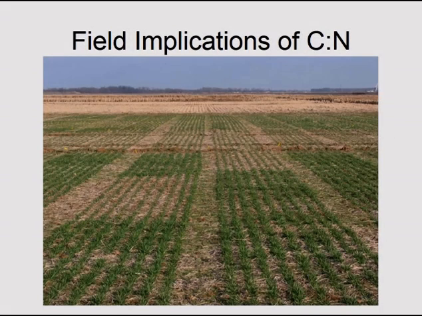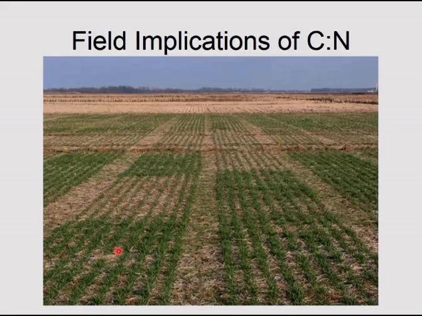Here's an example of something that you might see in the field. What you're looking at here is a wheat field, and in this plot right here, things are looking really weak. The plots that were green had a little bit of extra fertilizer put on to keep the carbon to nitrogen ratio low, and by doing so, they didn't starve their plants of nitrogen.